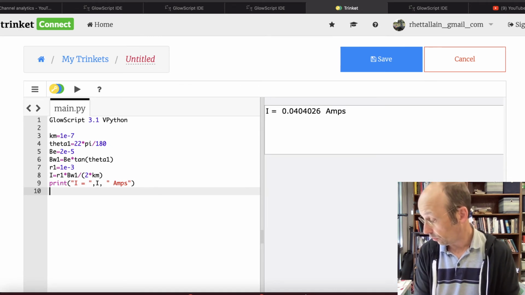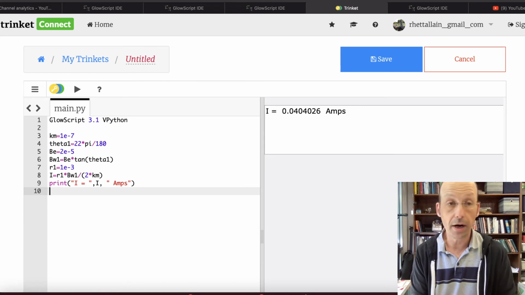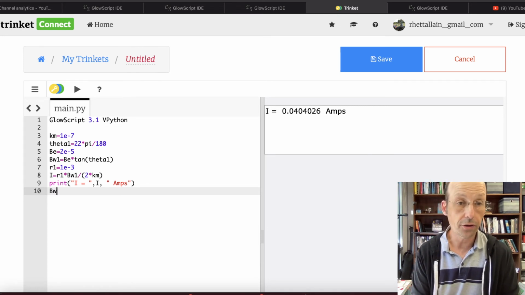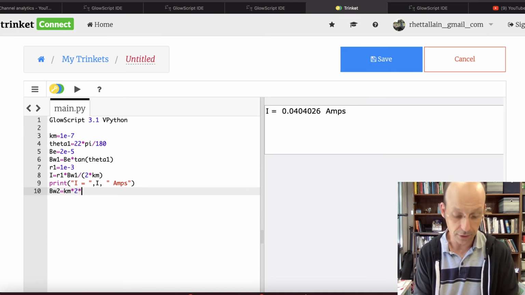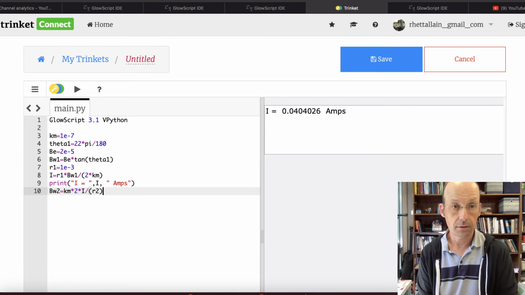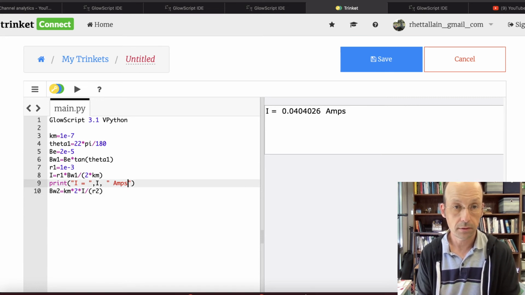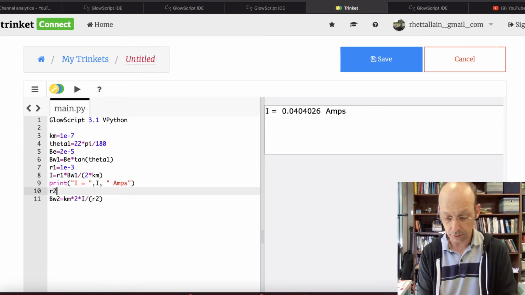Now I want to do the second part, switching over to my work. So the first thing I can do is to calculate B wire 2. So B wire 2 is going to be mu naught over 4 pi, which is this Km, times 2 times I, that didn't change, divided by R2, which I didn't put in there. So R2 equals 1.5 times 10 to the negative 3.